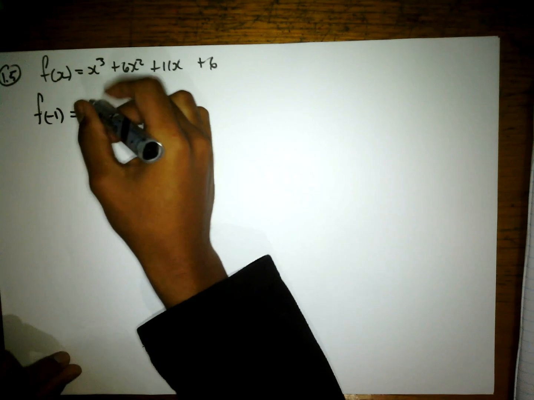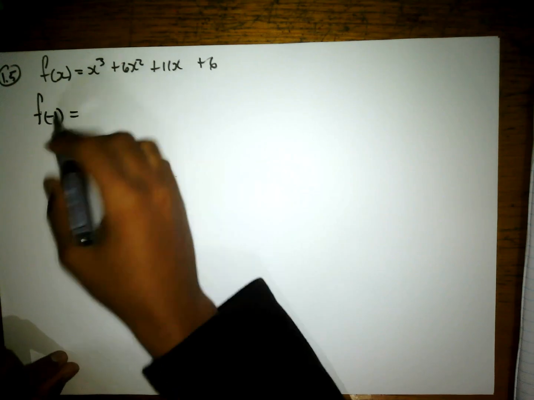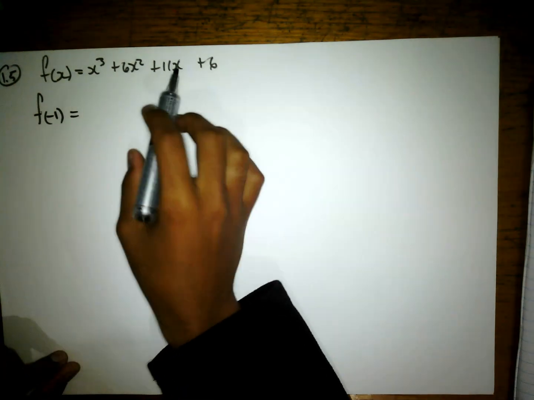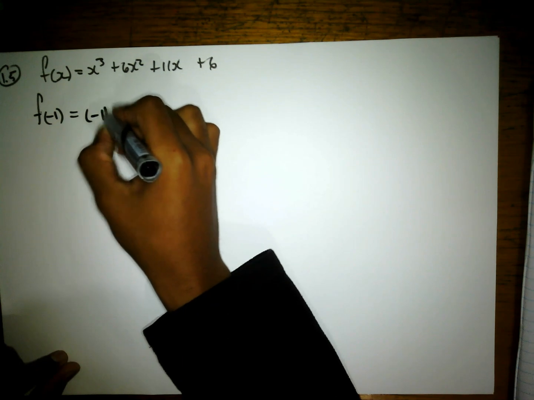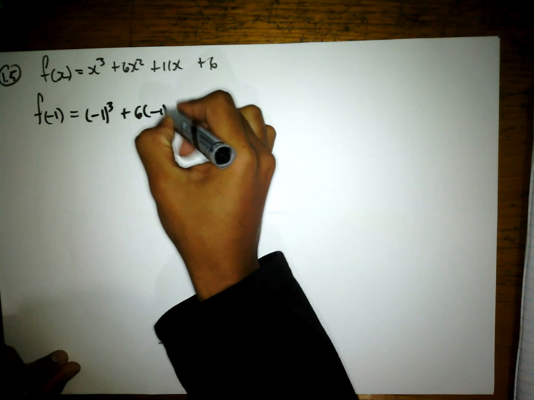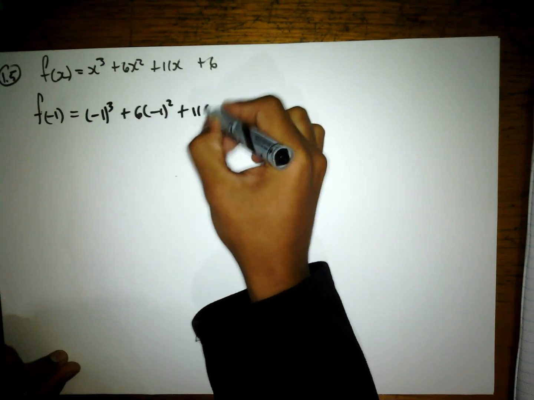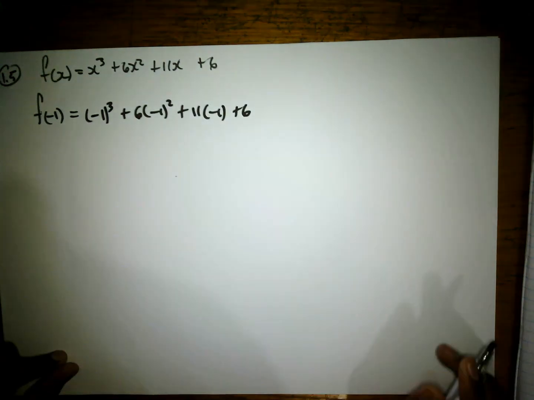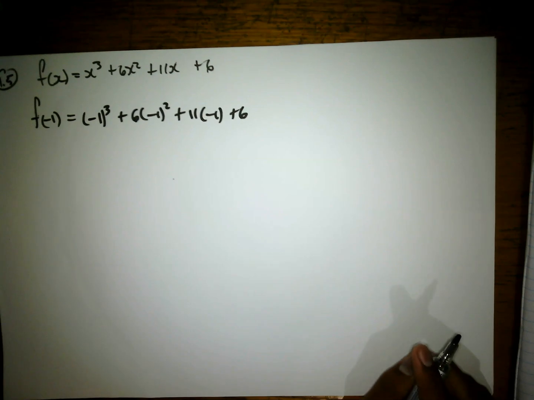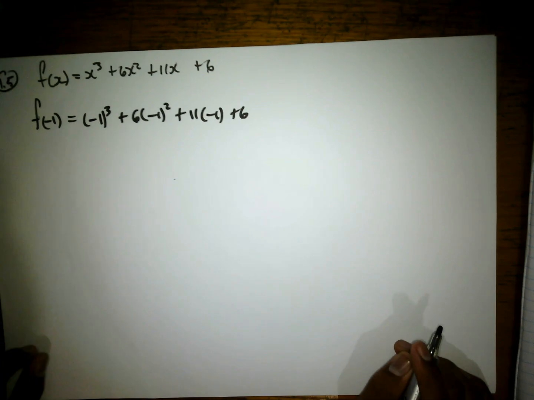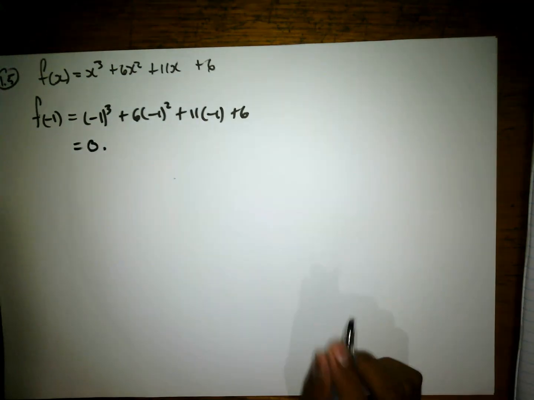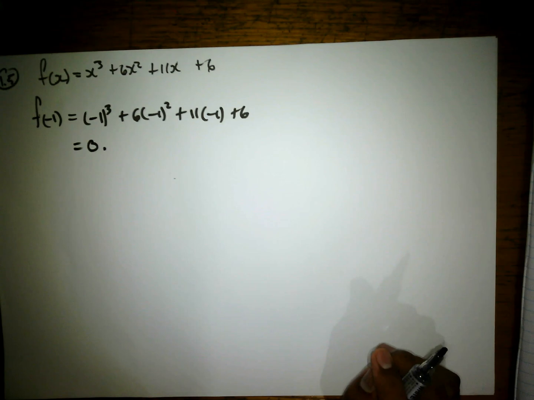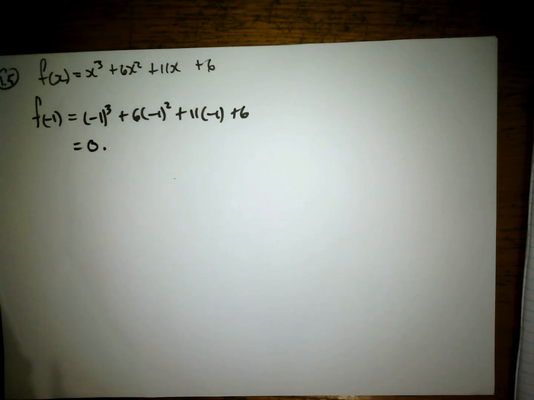So -1, then we replace x with -1 in all the x values that we have here: -1 cubed plus 6 times -1 squared plus 11 times -1 plus 6. If you put this on your calculator, it will give us 0. There used to be a method to put this in a calculator to actually find what would give you 0.